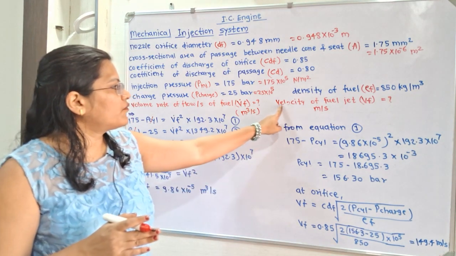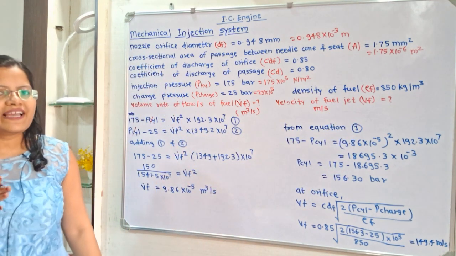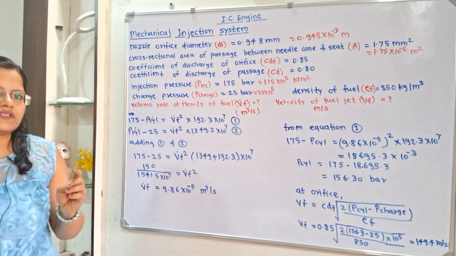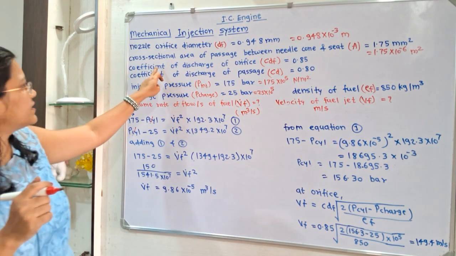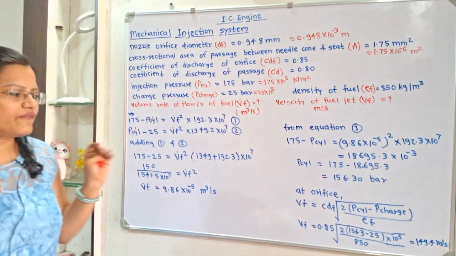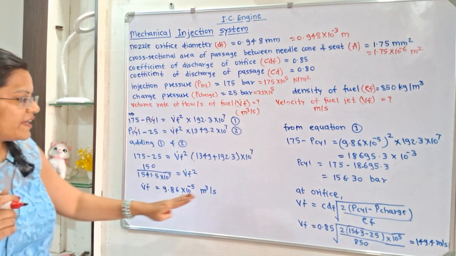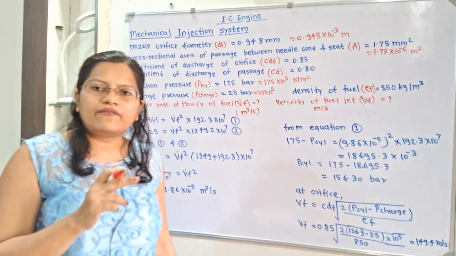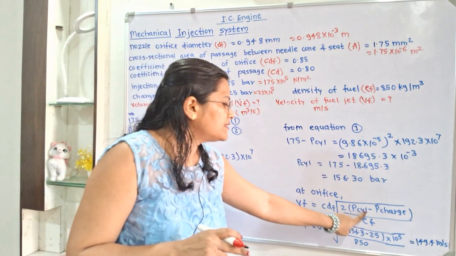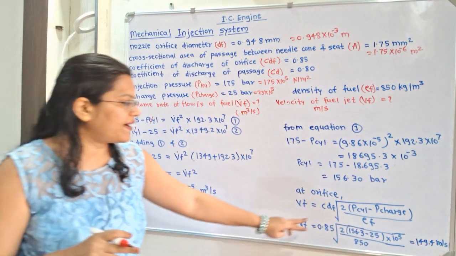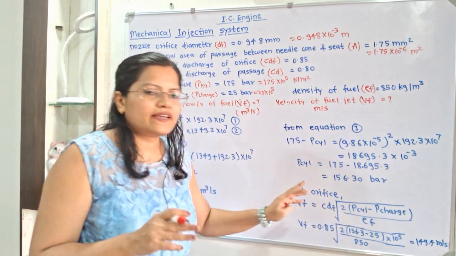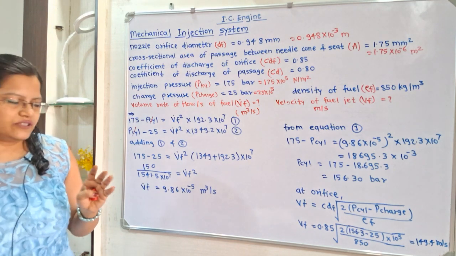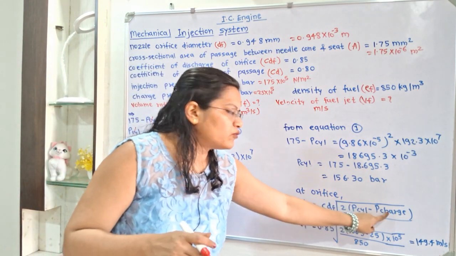Now we have to find out the velocity of the fuel jet. So we have to consider all the notations at the fuel metering orifice. Which are these notations? It is the coefficient of discharge CDF we have to consider. So Vf is equal to, we have the formula, Vf is equal to CDF inside the bracket 2 into P cylinder minus P charge divided by rho F. At the orifice we have to take P cylinder minus P charge, so at the orifice these notations we have to take.